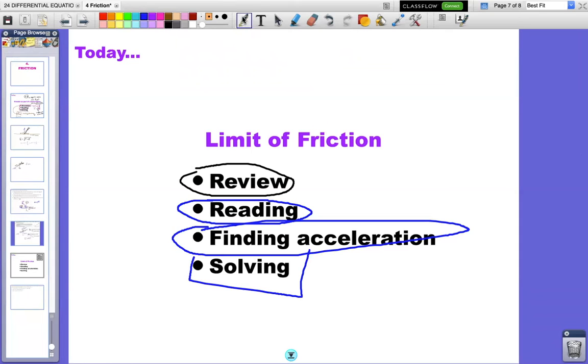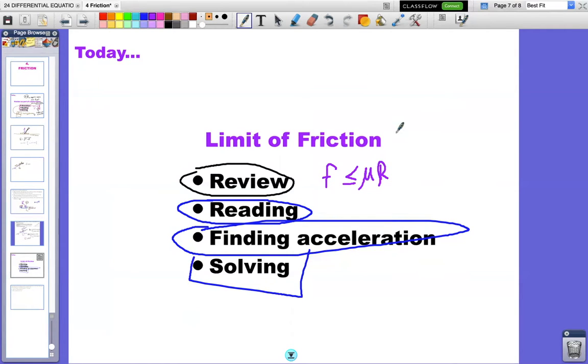The essential thing you did last time was that frictional force F is less than or equal to mu R. That is the most essential thing you did last time.